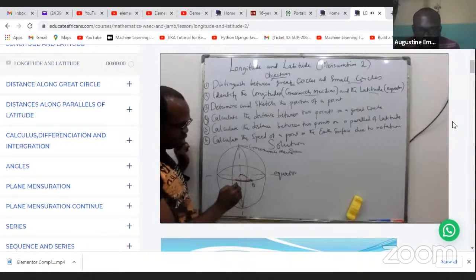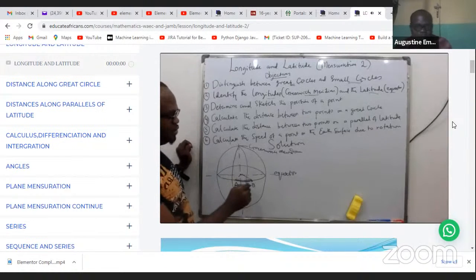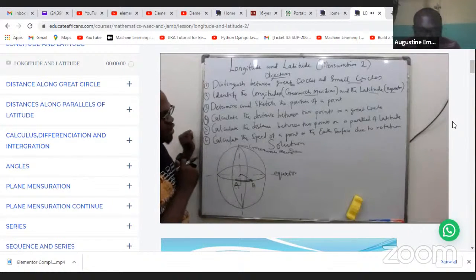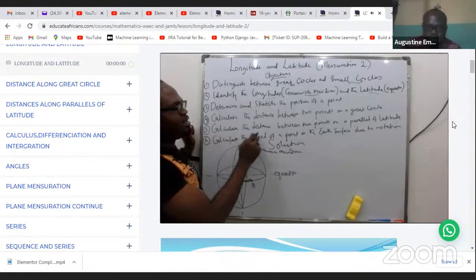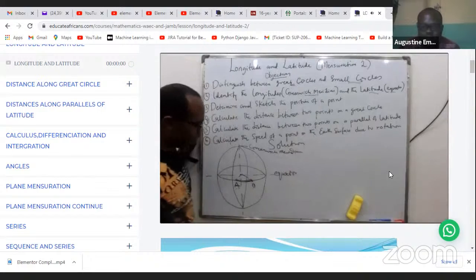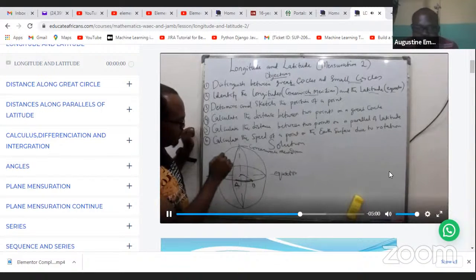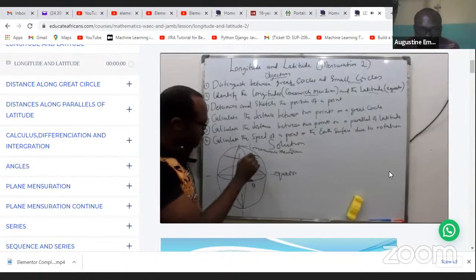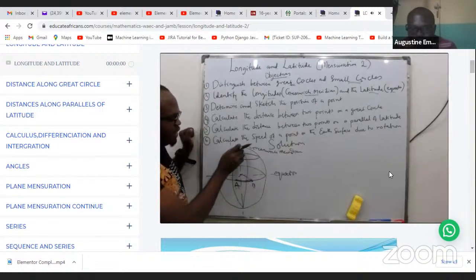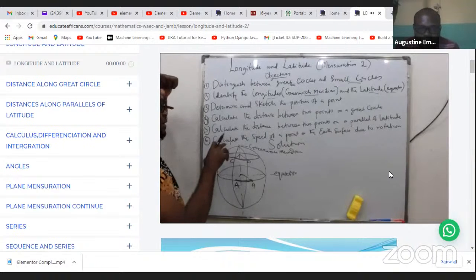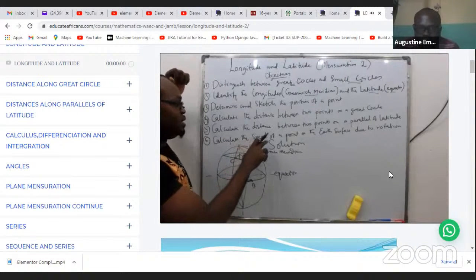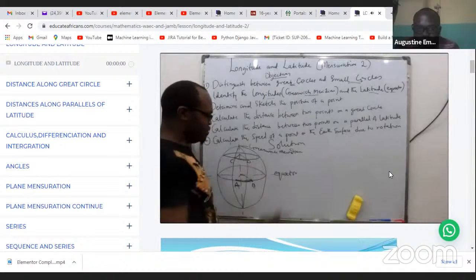That's the distance you want to calculate between A and B on the equator. That means the two of them are going to have the same value for latitude, but different values for the longitude, because the longitude at point A is different from that of point B. And you can also calculate another form of distance from C and D. Now we can also calculate the distance of points on the surface.